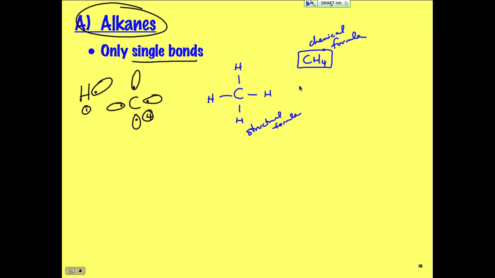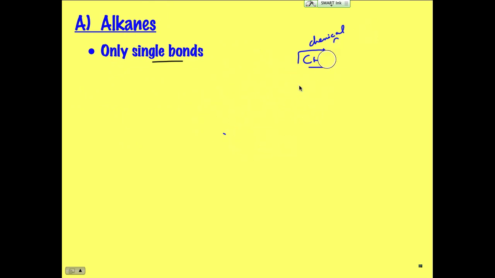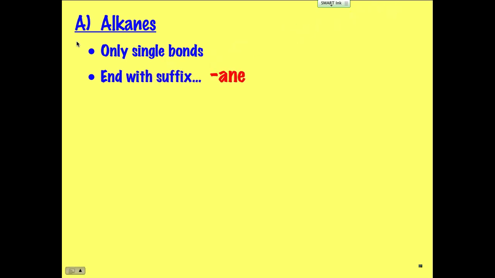Now, the way that we're going to name these, and I'll erase this in just a second, is to use the prefixes that we just saw. Let me just erase this real quick, and I'll put it right back up. An alkane ends with the suffix ane.